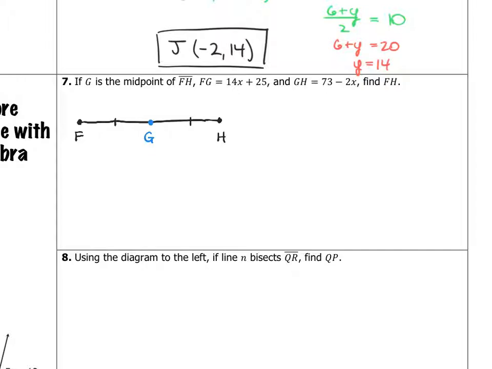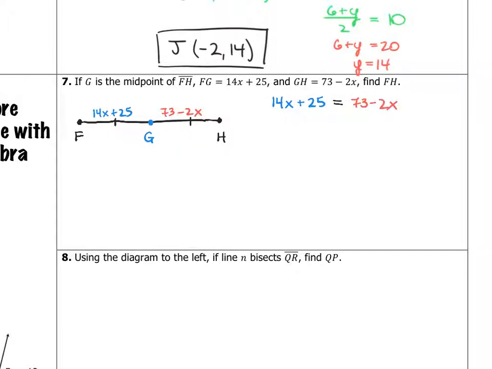It also tells me next that segment FG measures to be 14x plus 25, and segment GH measures to be 73 minus 2x. So if those two smaller line segments are congruent, I can just set these two expressions equal to each other and solve for x. 14x plus 25 is equal to 73 minus 2x.